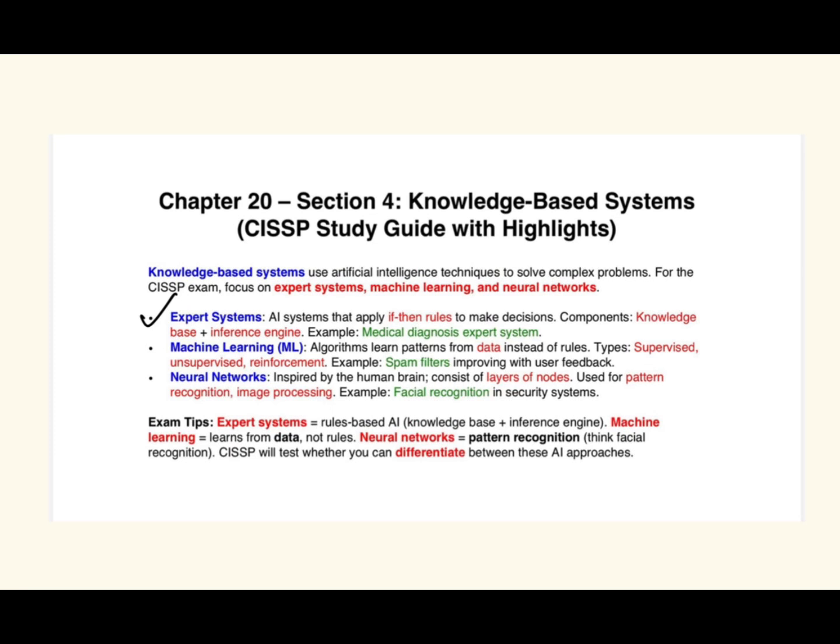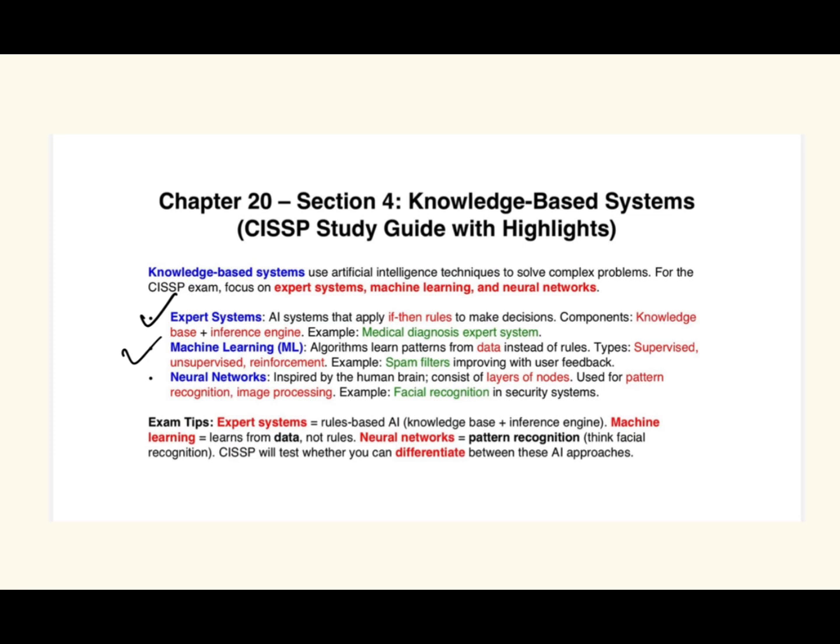Next one is machine learning. Machine learning learns from data, not rules. It is AI where algorithms learn patterns directly from data instead of following handwritten rules. So we do not define rules for this approach.